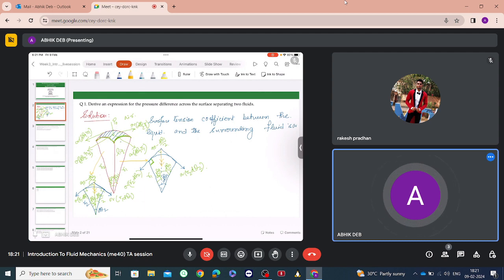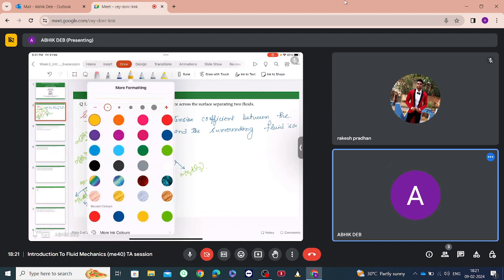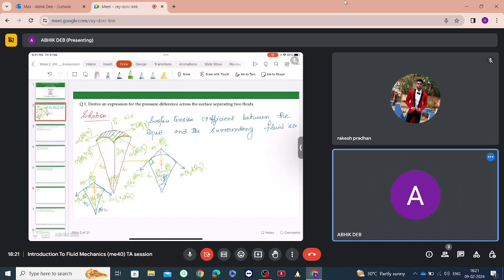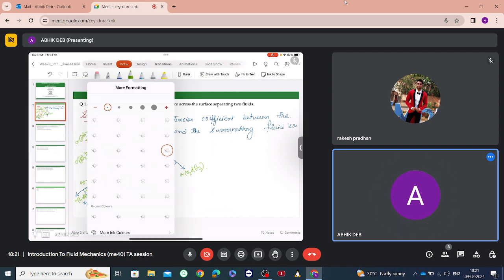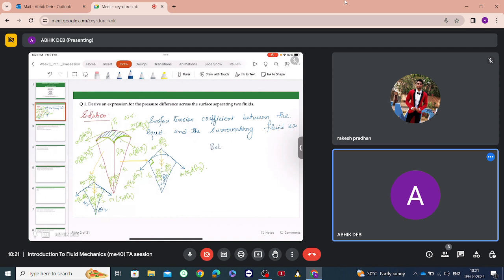So if we try to balance the forces in the vertical direction, if we take the components, there will be two components of sigma r2 d theta 2, that is there are two forces each equal to sigma r2 d theta 2.